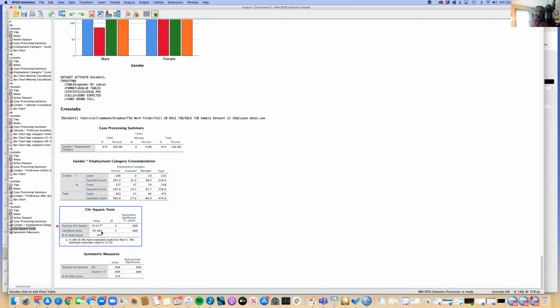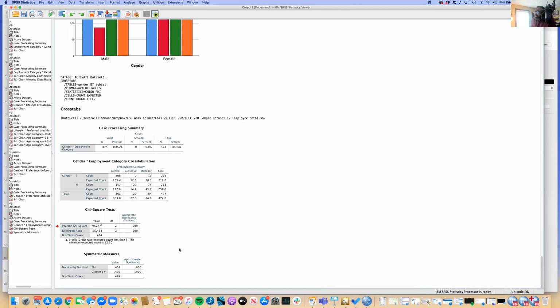I'm not very concerned with the chi-square value. That doesn't tell me what I want to know. What I want to know is, is there a relationship between gender and job category? By looking at the difference between count and expected count and looking at the asymptotic significance, I can see right away that this is statistically significant.